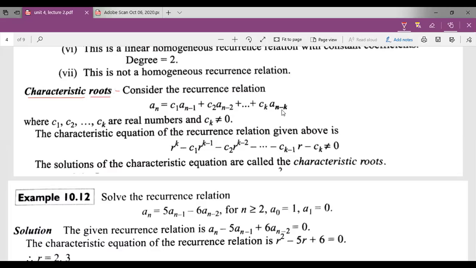So we divide the recurrence relation by a_(n-k). So a_n by a_(n-k), we get r^k, minus c1 r^(k-1), minus c2 r^(k-2), minus and so on, minus c(k-1) r, minus ck, equal to 0. So in this way we write the characteristic equation of a given recurrence relation.